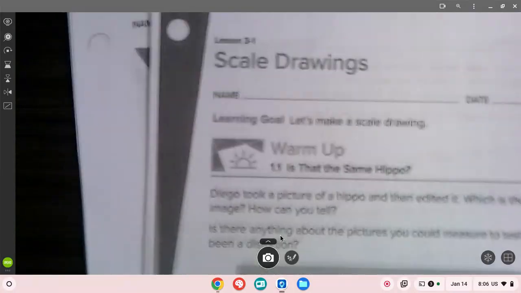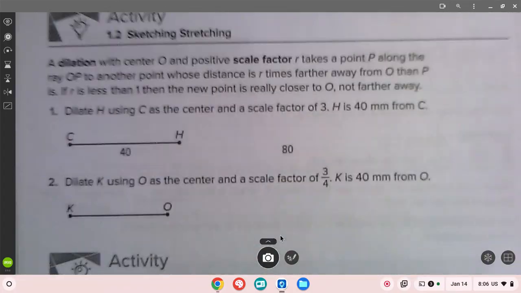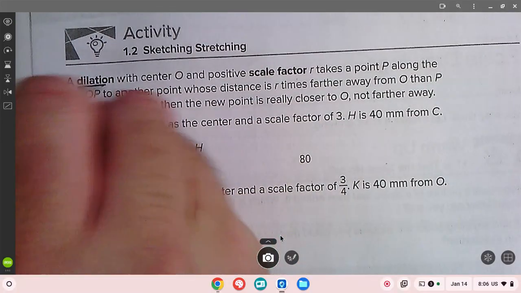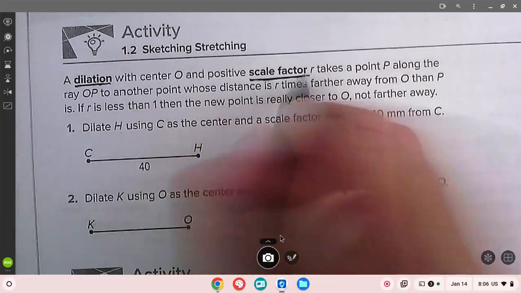Okay, so go ahead and turn your page to page 310. Right here, go ahead and underline or highlight the word dilation, and underline the word scale factor.